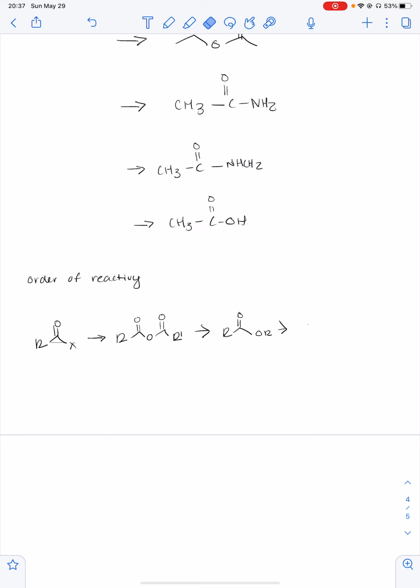Oopsies. Forgot if I was writing the structure or writing the word. Over here is going to be the most reactive and over here the least reactive. I hope that helped a little bit, but yeah.